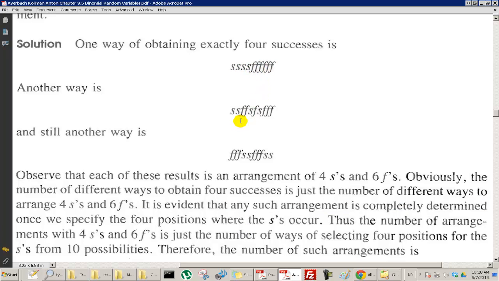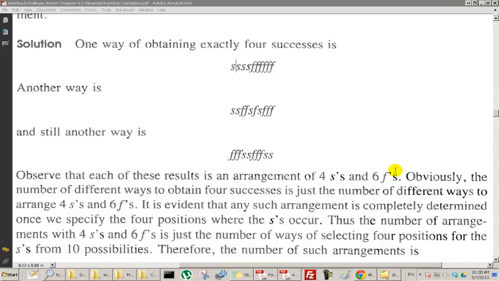Or if I say the 4 S's are going to occur at the first, second, 5th, and 7th places, then we know everything else is F's. So all I have to do is say where the S's are, and then I've specified one possible arrangement.